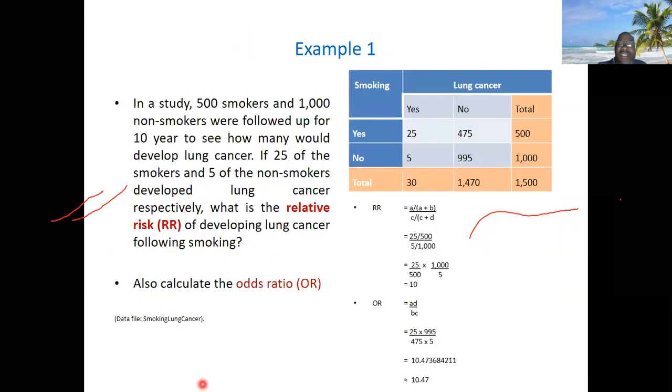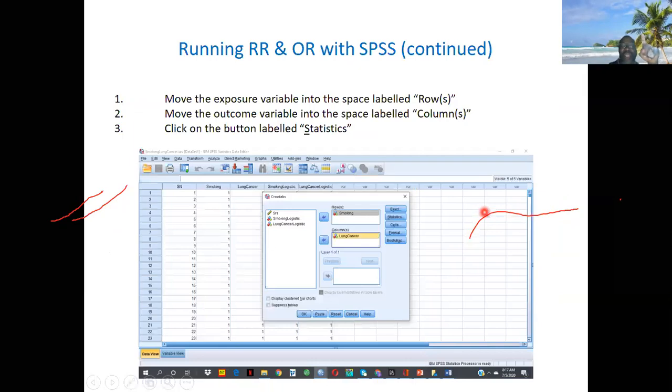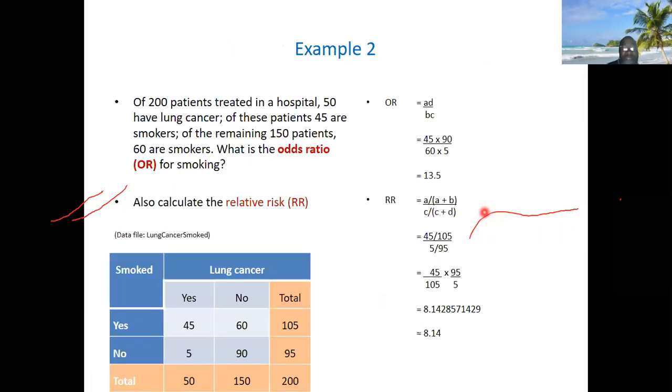You can say the disease is rarer in this first example, because 30 people have lung cancer out of 1,500. Whereas in the other one, how many have lung cancer? 50 out of 200. So it's commoner here.